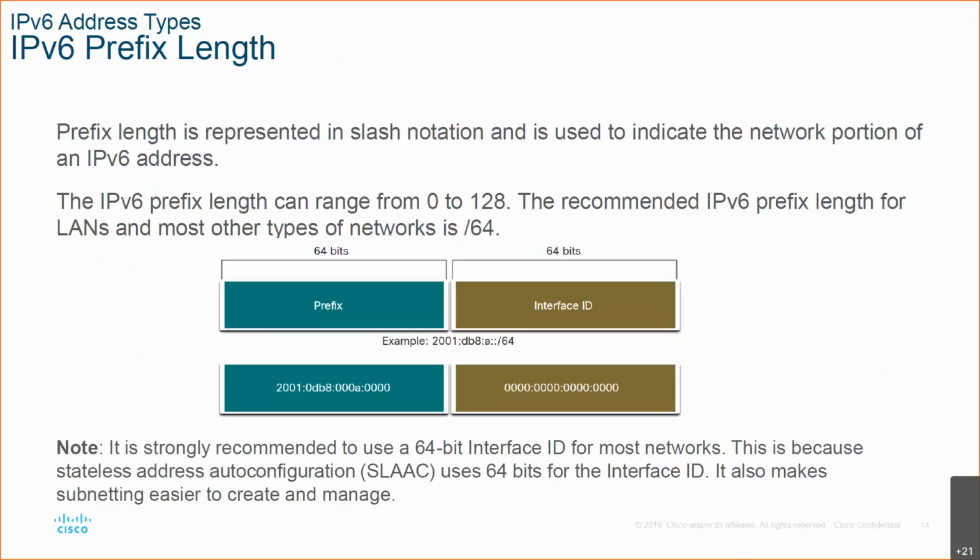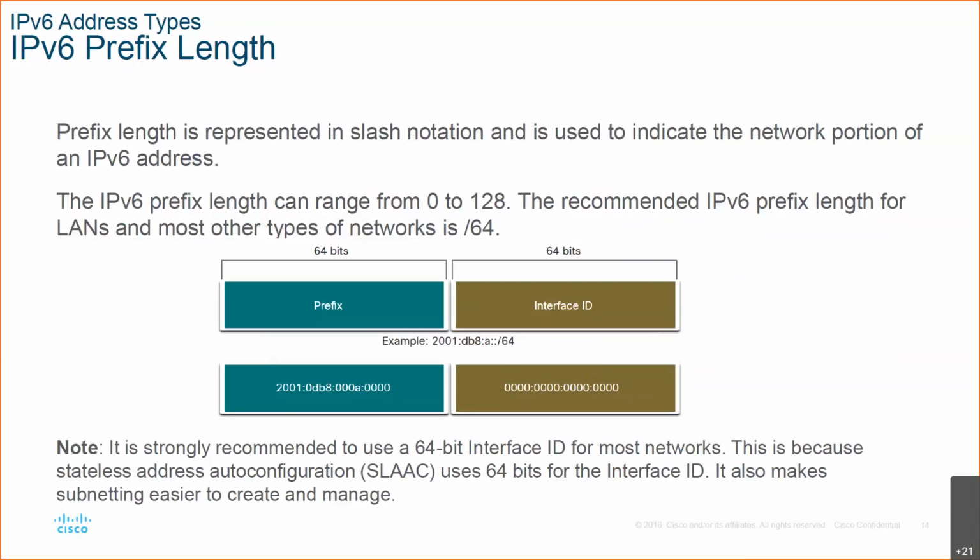So the network representation of IPv6 would usually range from 0 to 128. You can play around with that, but usually we say that the network is /64. 64 bits for the network, 64 bits for the host.